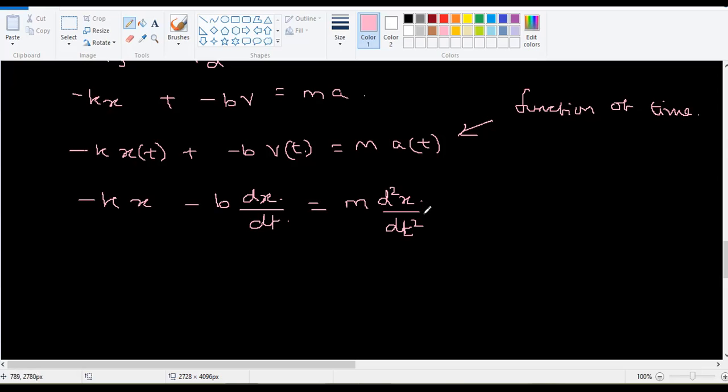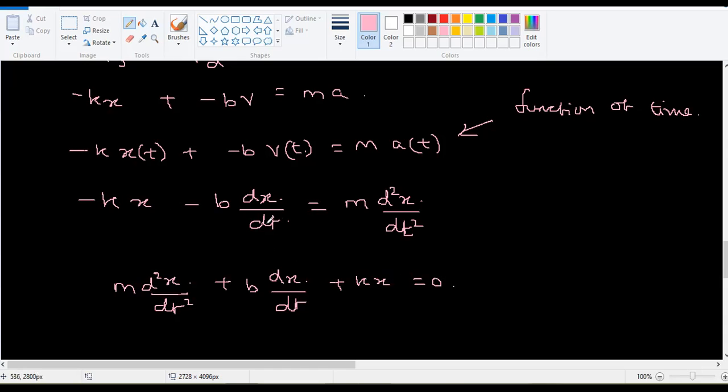If I bring these minuses to this side, it will become plus. So I can write it as m d squared x by dt squared. All these things are there in your textbook, so you have to study it for some purpose.